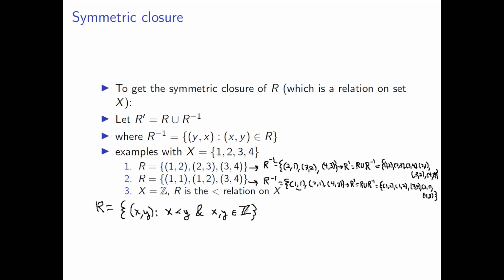If we want to find the inverse of R, we can do it the same as we did above. We just take R and swap the order in the ordered pairs. So we can write it like this: the ordered pairs Y, X for which X is less than Y still, and X and Y are both integers.